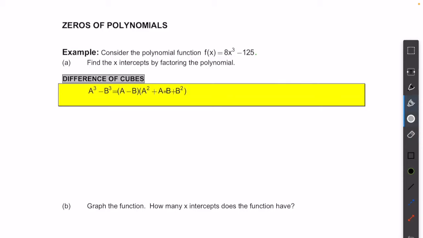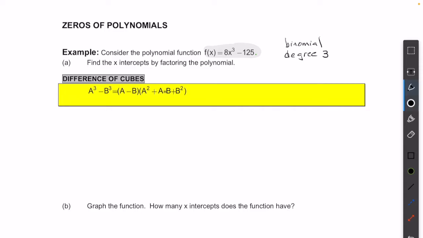So the first thing I notice when I'm looking at this given polynomial is that it's a binomial and of degree 3. And if we have cubes in both terms, with either a plus or a minus in between, we can factor these as sum of cubes if it's a plus, or in this case, difference of cubes if it's a minus.